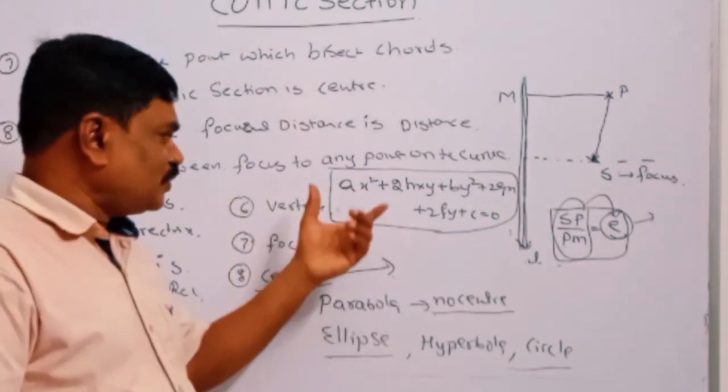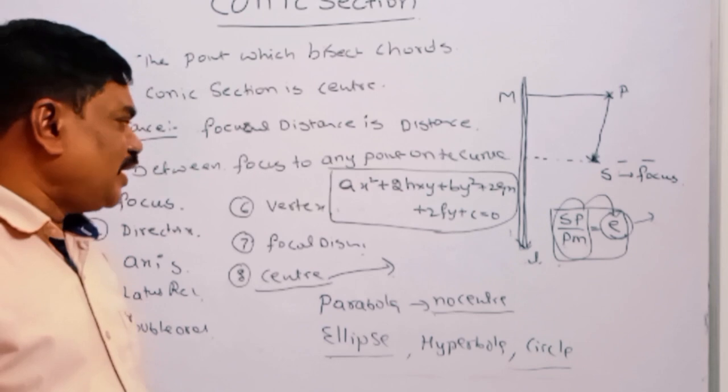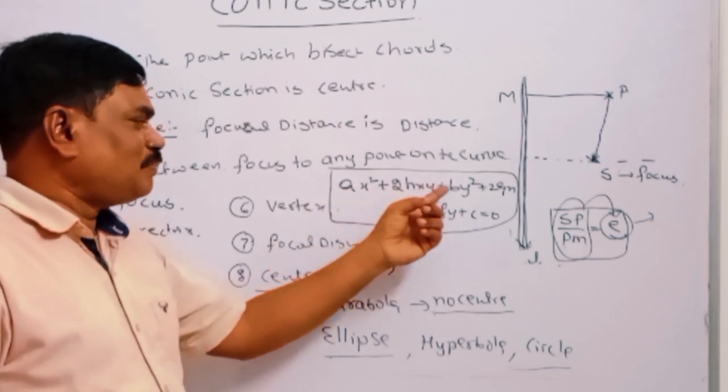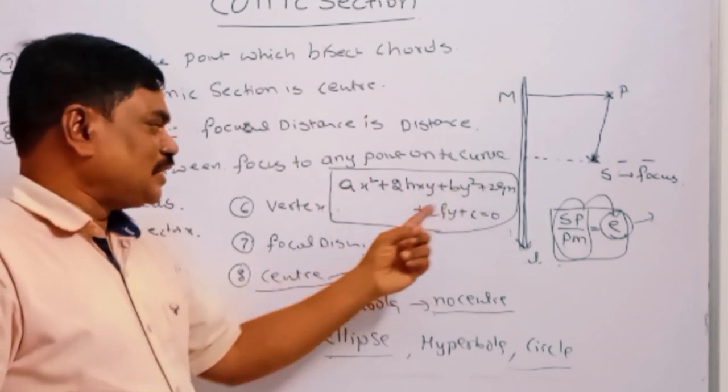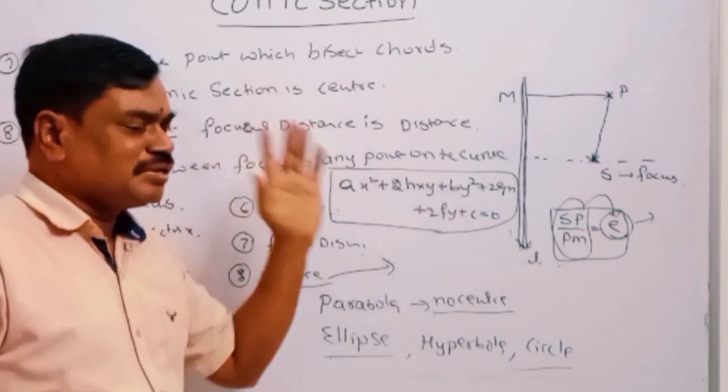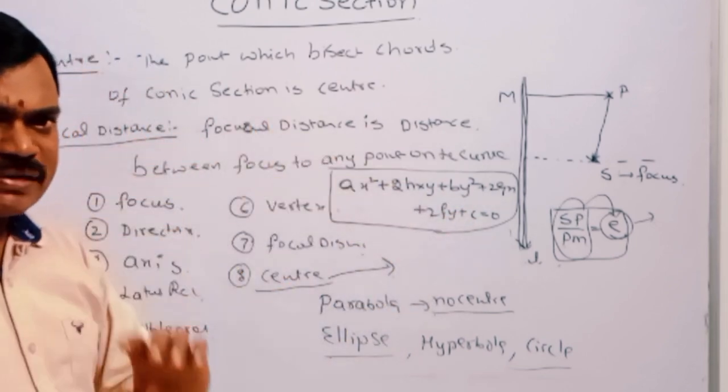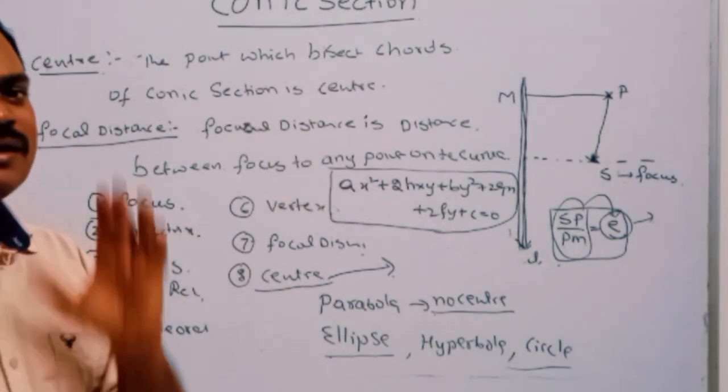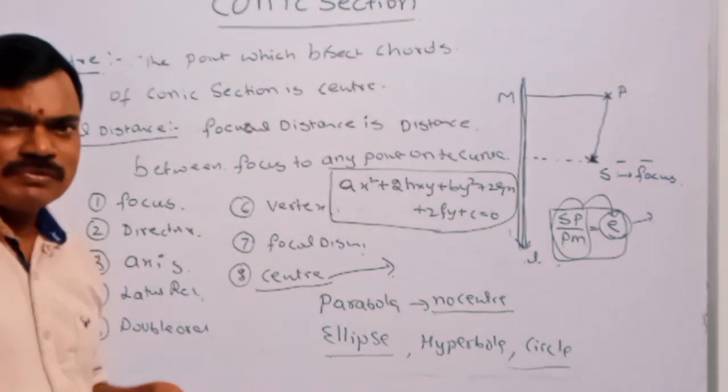So ax square plus 2hxy plus by square plus 2gx plus 2fy plus c is equal to 0 represents the conic section equation. Okay, all of you? That's all.